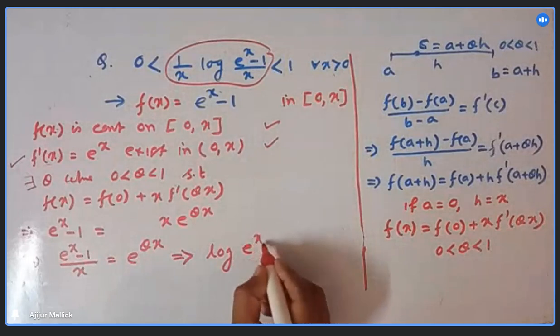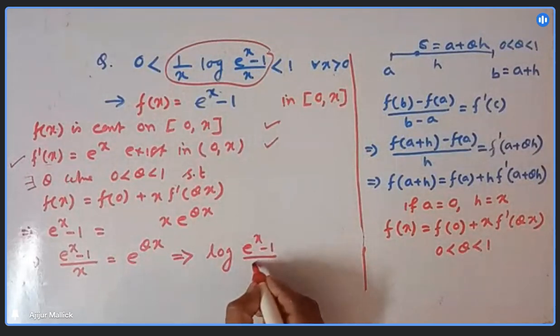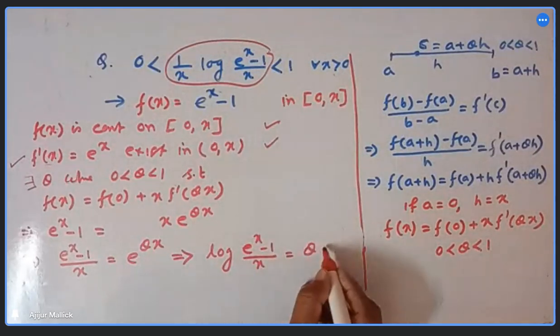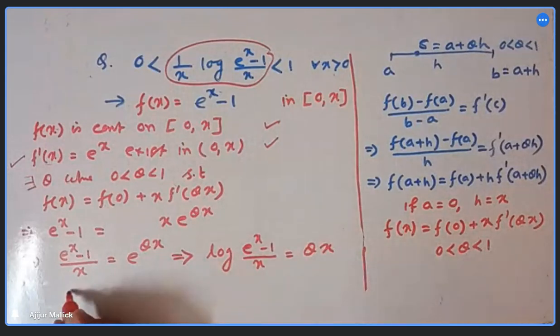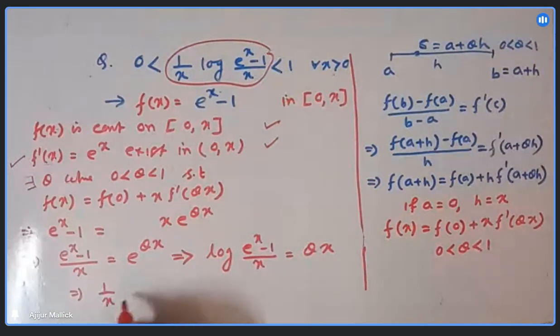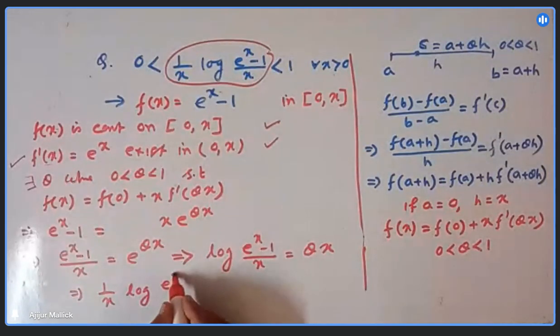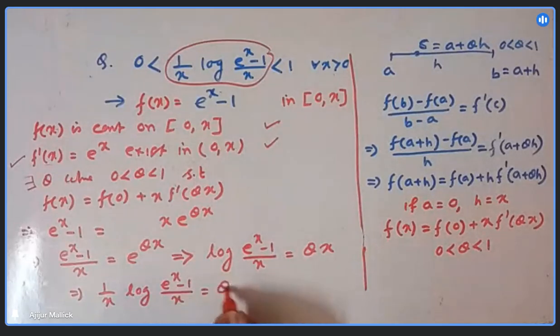So log of (e to the power x minus 1 by x) is equal to theta x. Divide by x, you are getting 1 by x into log of (e to the power x minus 1 by x) is equal to theta.